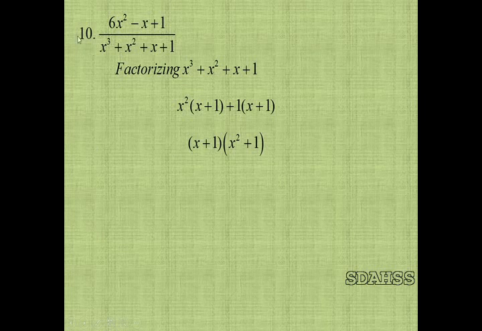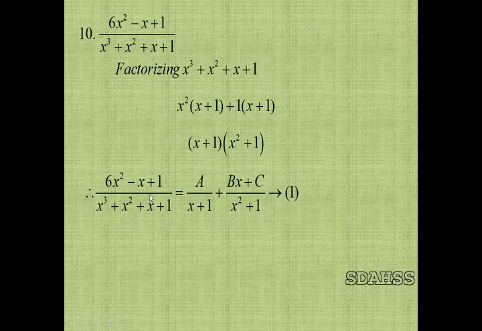So this expression can be written as 6x square minus x plus 1 divided by x cube plus x square plus x plus 1 is equal to a by the first factor, x plus 1, plus, the second factor is x square plus 1.